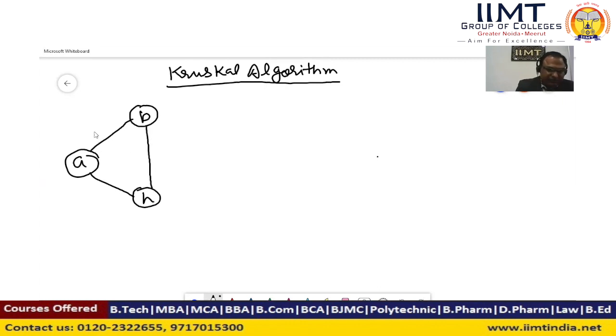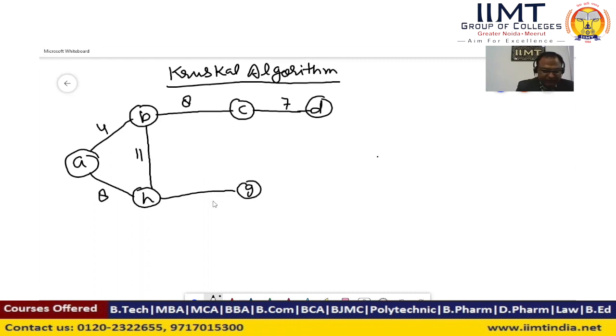Let's say the weights are 4, 8, 11, and one more vertex here, C. The weight of this is 8. Let's say D, and the weight of this is 7. In a similar way, here we have, let's say, G, weight 1.